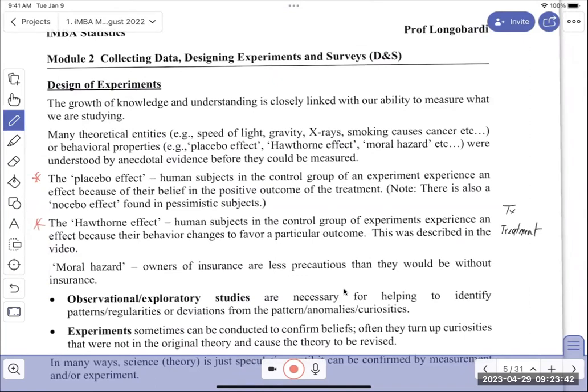These people actually get the treatment, and the control group. I should spell the whole word, group. Okay. So I can use the symbol TX, treatment.